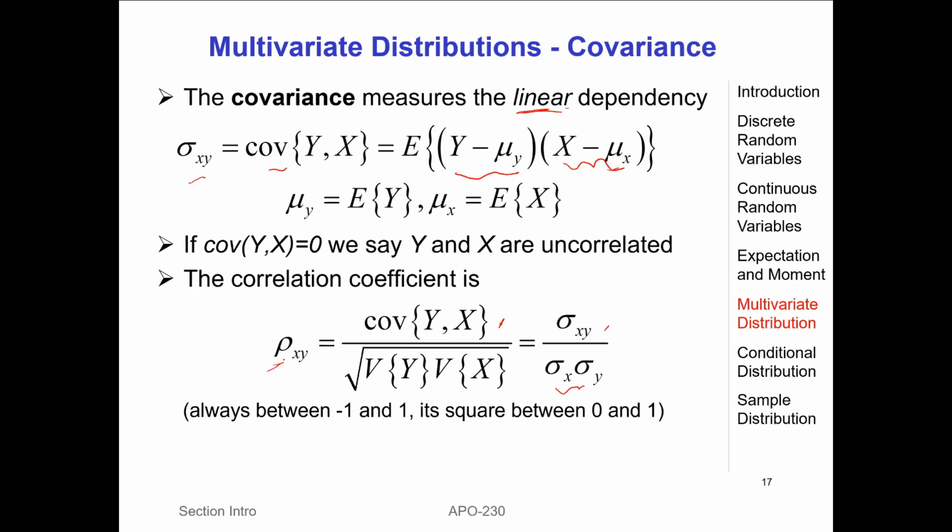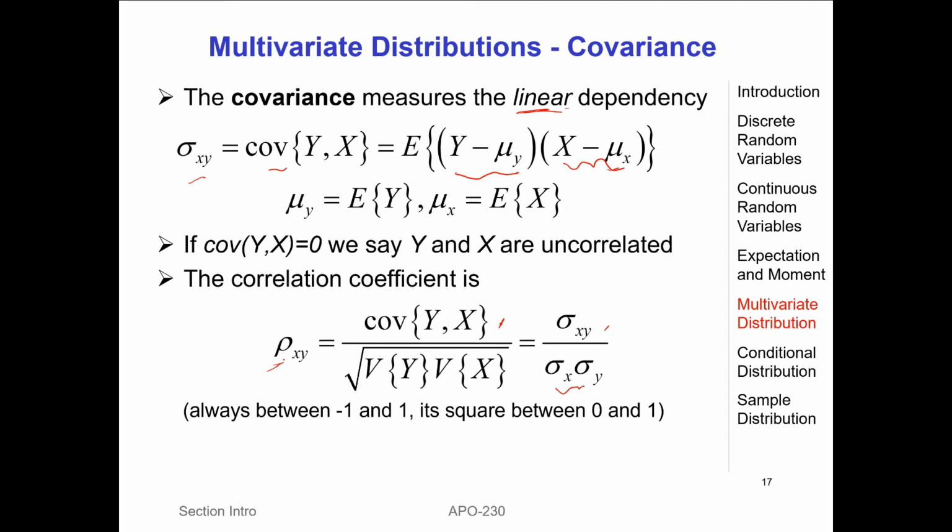Therefore, the correlation coefficient is useful because it always lies between -1 and 1. It's normalized in a way. So irrespective of the unit of the variables, you can always say something about how strongly they are associated.